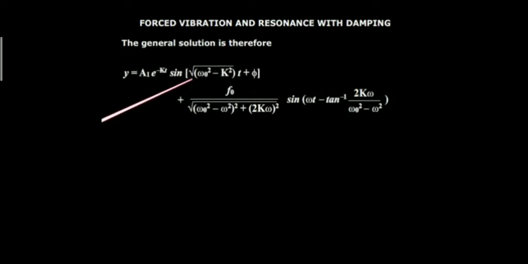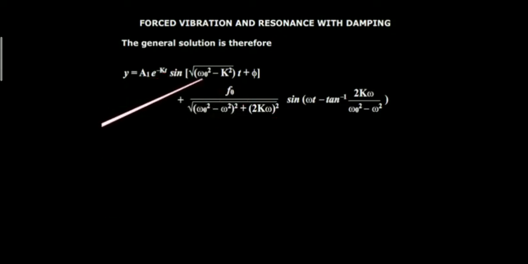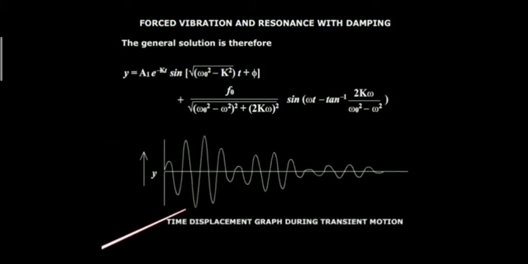The first part has an exponential function with a negative power. Therefore, it becomes 0 as time goes by. As long as this does not become 0, displacement is due to both these parts having frequencies this and this. The amplitude in this case varies as in the case of beats.